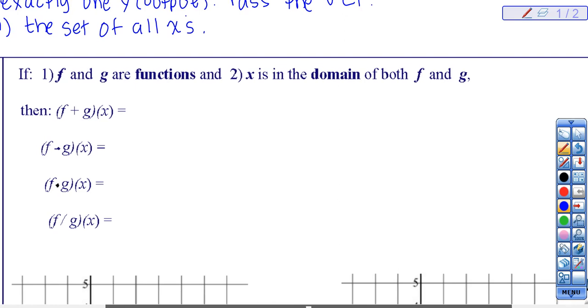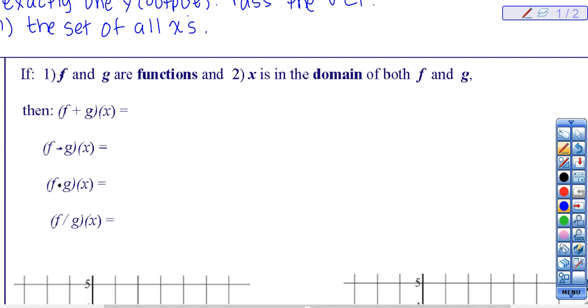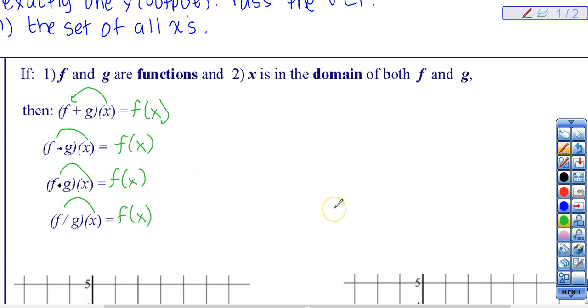So let's go and look at our conditions again. If these two conditions exist, then here's what I can say. I'm going to pick up my green pen. I can distribute and separate my f of x from my g of x. And I'm going to go ahead and distribute all of these real quick. So first I'm going to do my green pen so that I don't have to go back and forth between red and green. But I can take these combination problems and separate them.